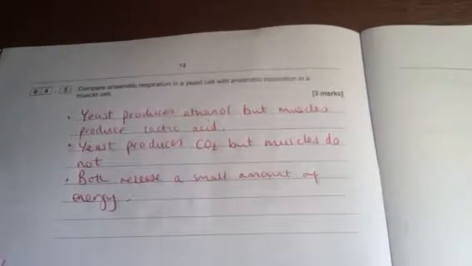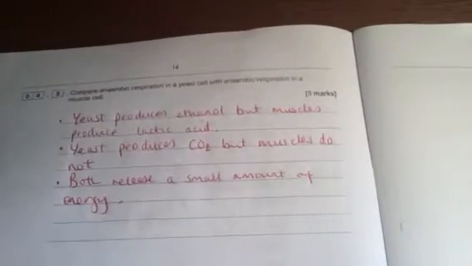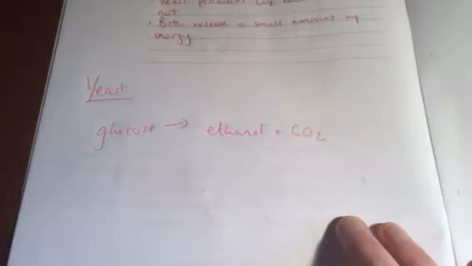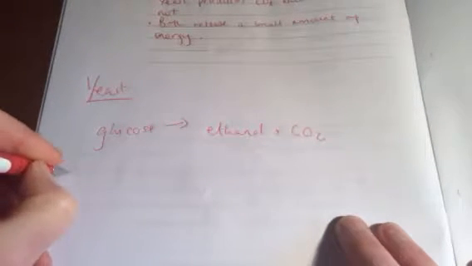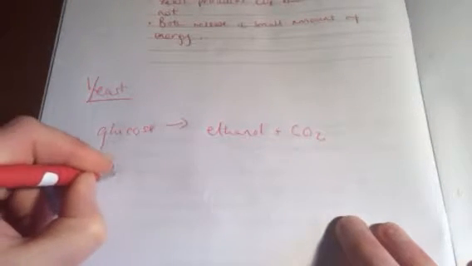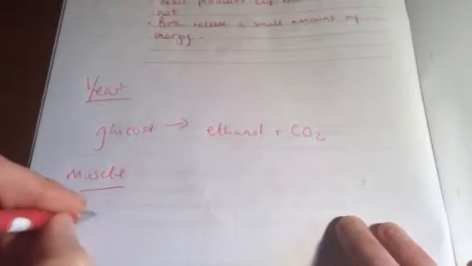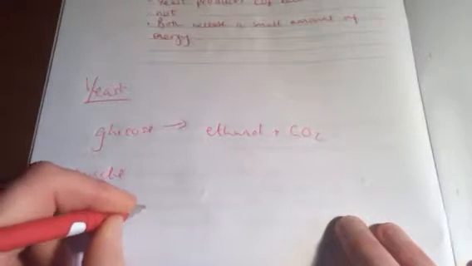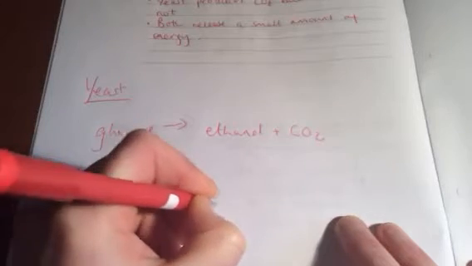In yeast, we've got the breakdown of glucose, this is respiration, into ethanol and CO2. In a muscle cell, which is a normal animal cell, and any animal cells, we've got the breakdown of glucose simply into lactic acid.